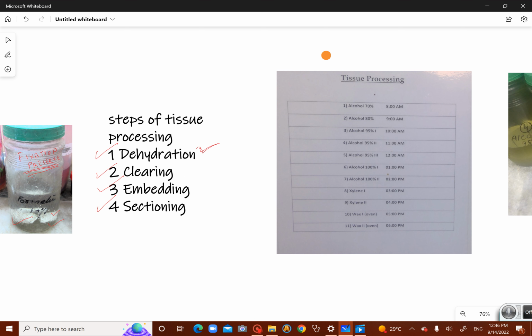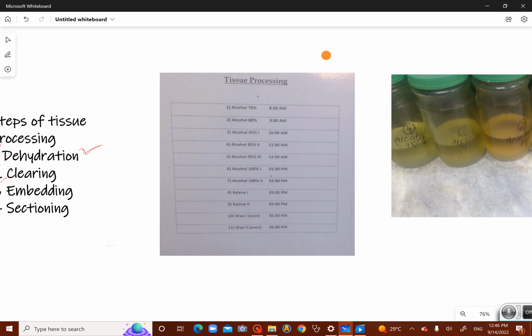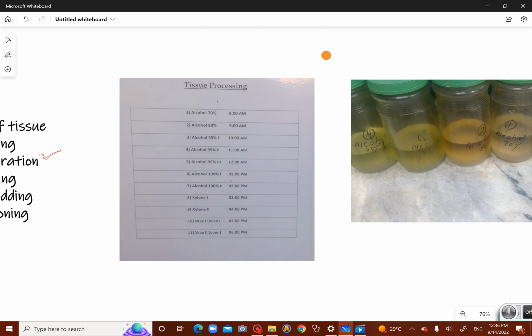Now how can you remove water from the cells? That's not very difficult, that's very easy. By putting them in different solutions of alcohol. So you start with 70% alcohol and go towards 100% alcohol. You put your cassette in 70% alcohol from 8 to 9 am, each for 1 hour.